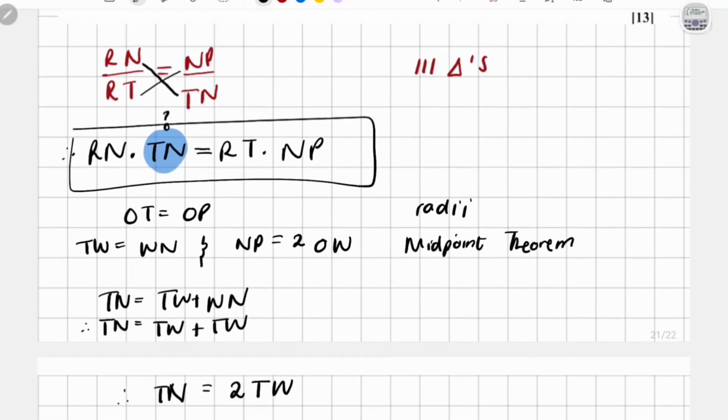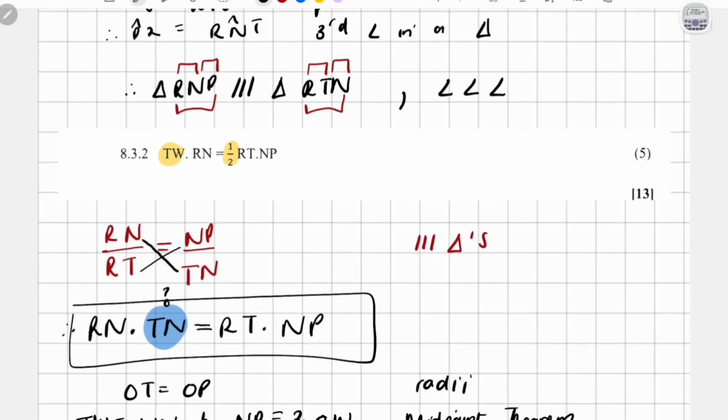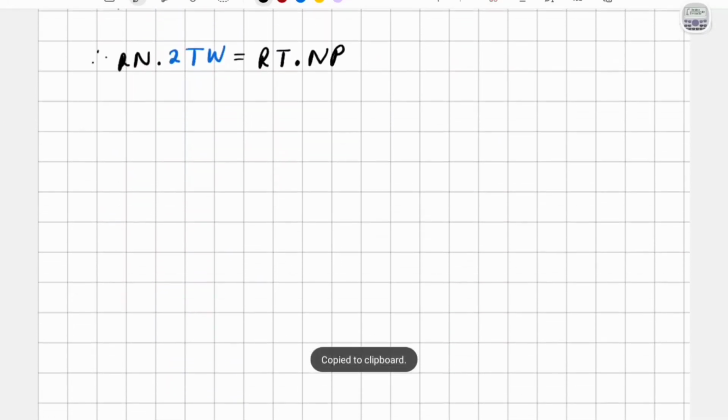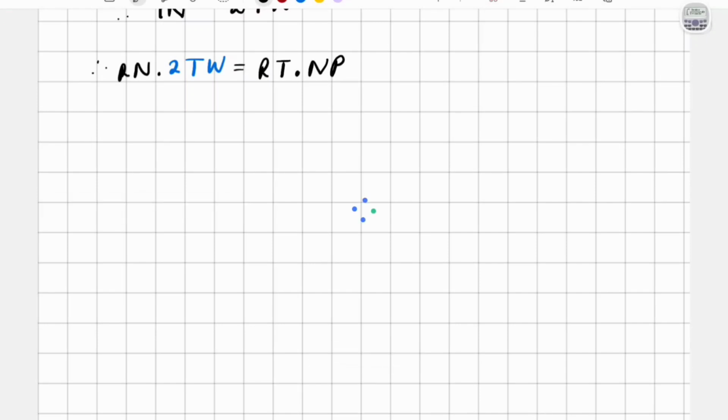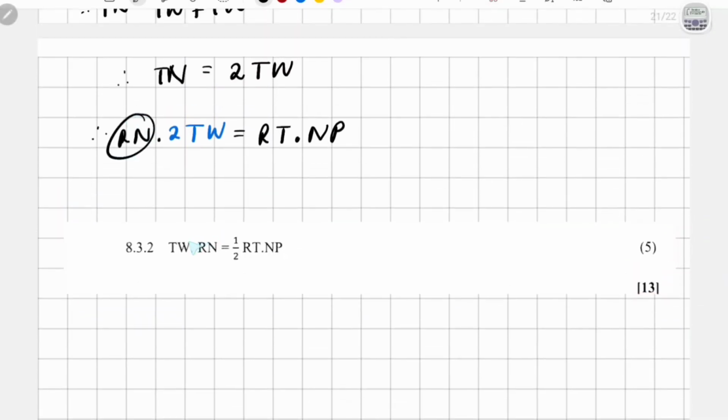Now that I have this, how does it get to look like this? Everything seems to be there right now. Let's compare them and see what is missing. We have RN, we have WT, we have RT, we have NP. But we still have a 2 here.